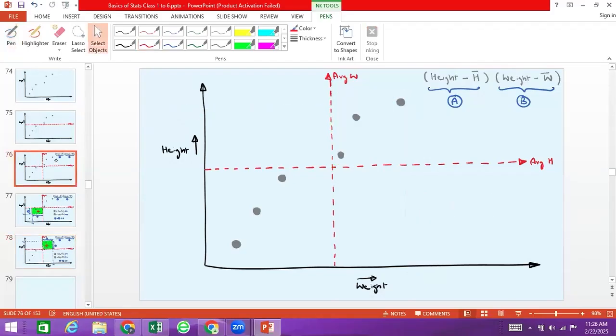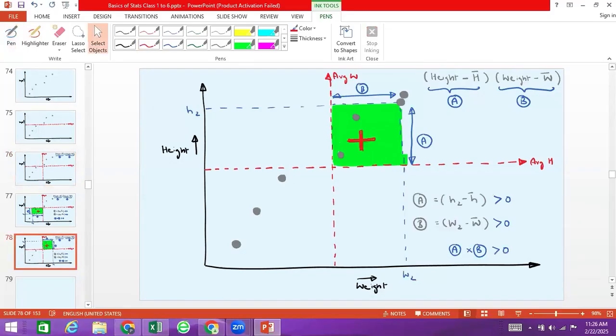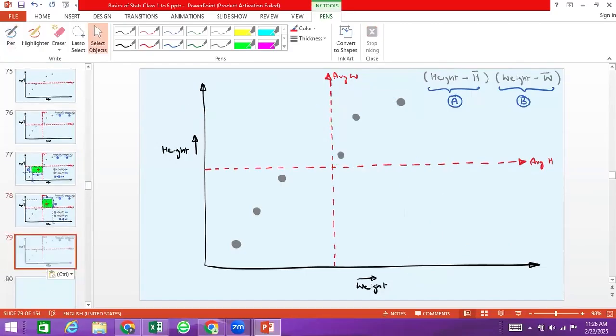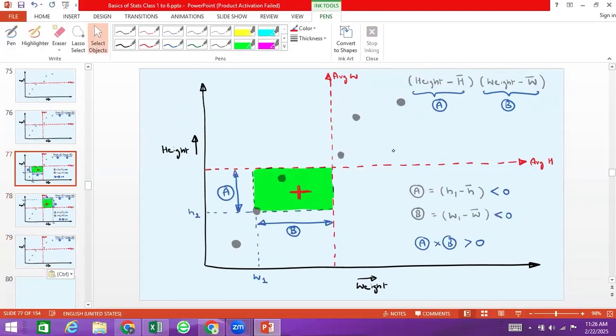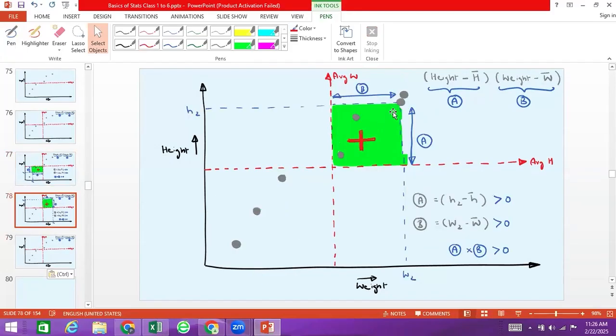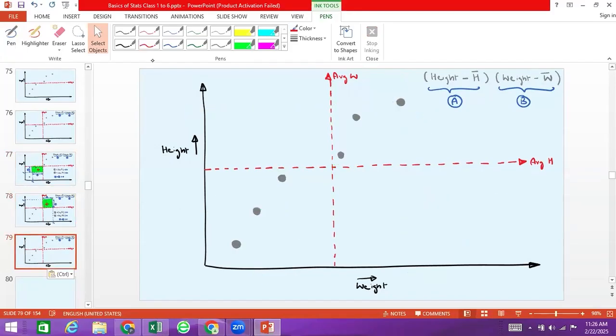Okay. Now let's try to take a point in some other quadrant. So two quadrants we have covered. Here every area will be positive. Let's take another point, a point like this maybe. I have added a point.